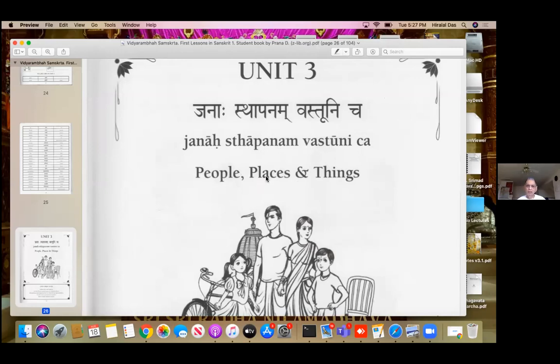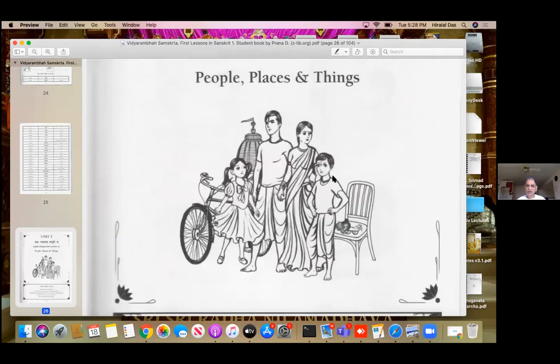People, places, and things means object. Okay. So we see here in this picture, we see all of them. We say people, Janaha, places is temple, and things is, you see here, chair and a bicycle. So what are the Sanskrit words for this?